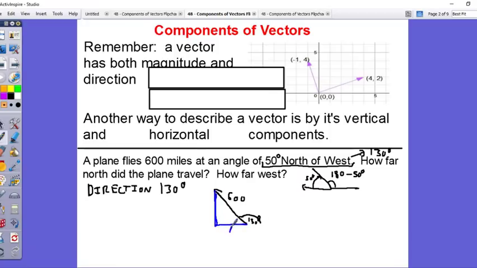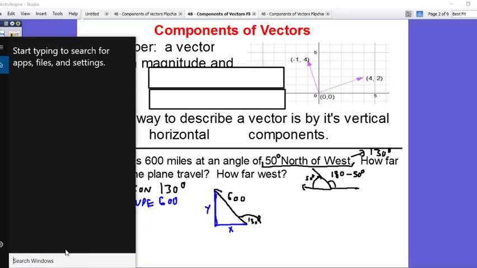All right, so X is the horizontal component, Y is the vertical component. And what we need to do is know that the direction is 130, the magnitude is 600. And we can get our calculator going and use trig to find our values.